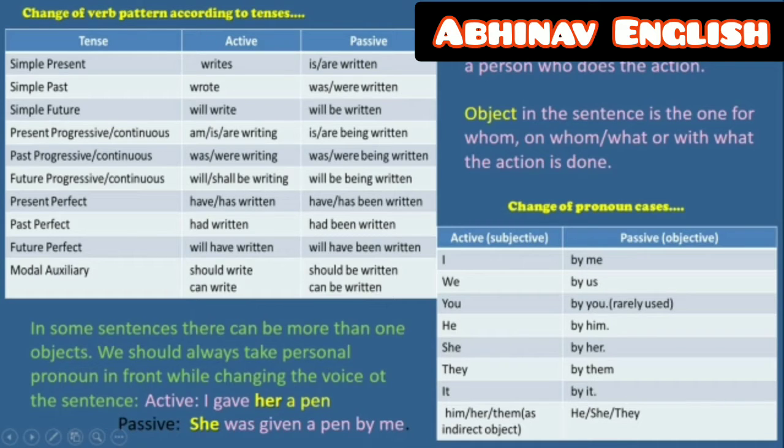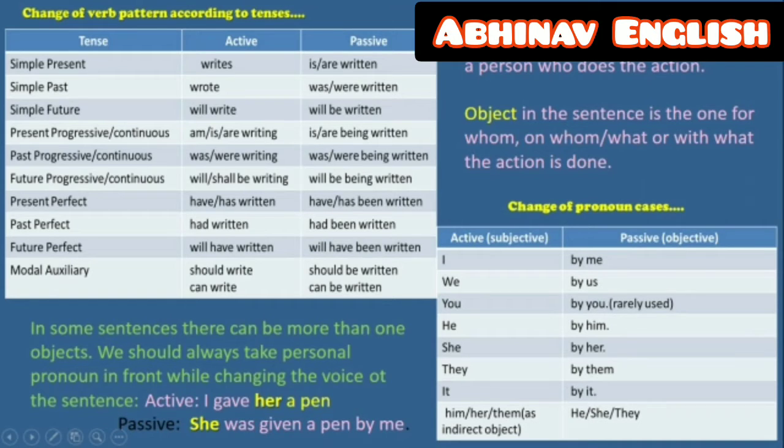Then there is change of pronoun case. If I is there as a subject in active sentence, it becomes by me in passive. If we is there in active sentence as a subject, it becomes by us in passive.